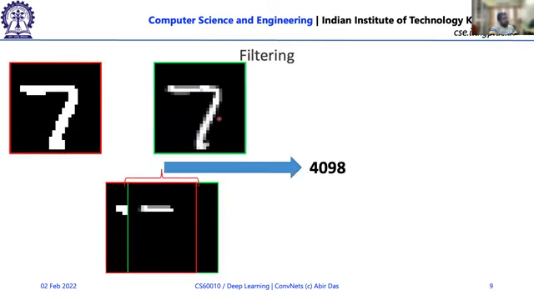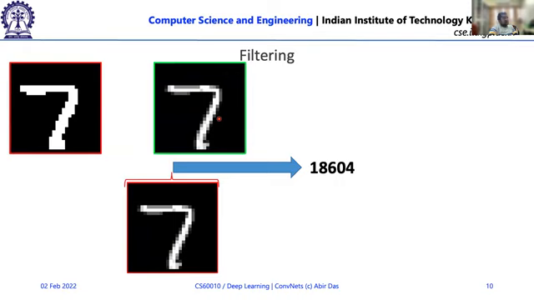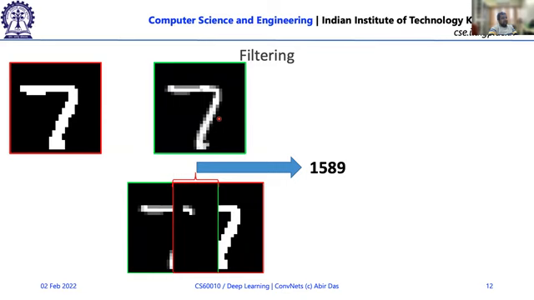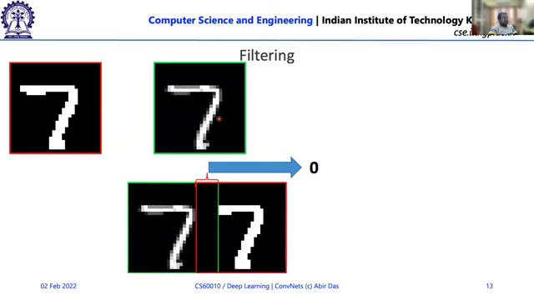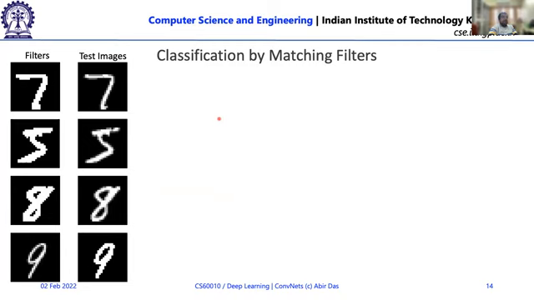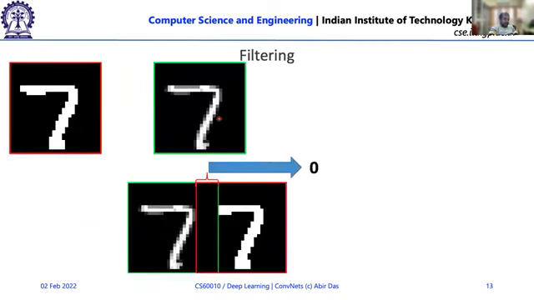Similarly, you slide it more, you are getting more and more intensity values, 4098, 18604 when there is a full overlap, and then it decreases. So you see that you can actually get a high overlap value if there is a 7 there.